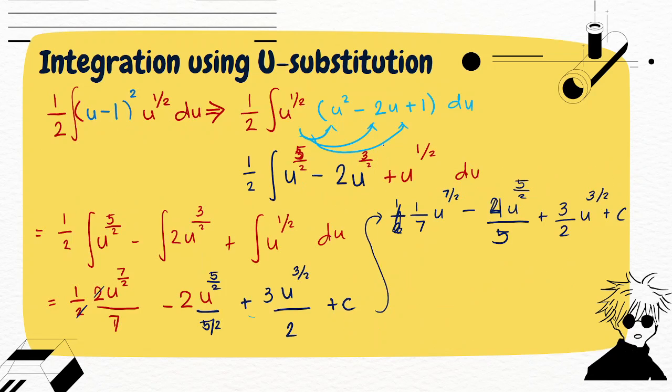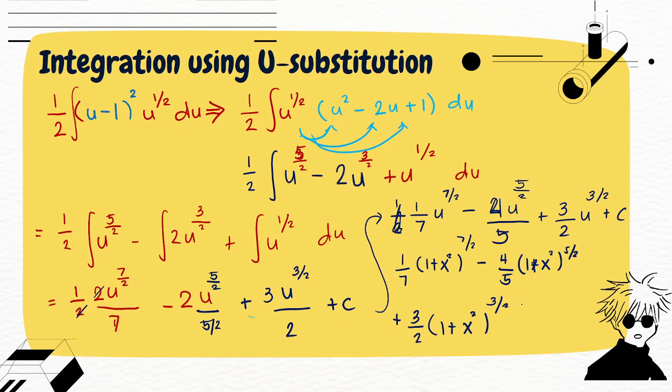So, ang sagot ay 1 over 7 times (1 plus x squared) raised to 7 over 2, minus 4 over 5 times (1 plus x squared) raised to 5 over 2, plus 3 over 2 times (1 plus x squared) raised to 3 over 2 plus c. So, this is the final answer. Okay?